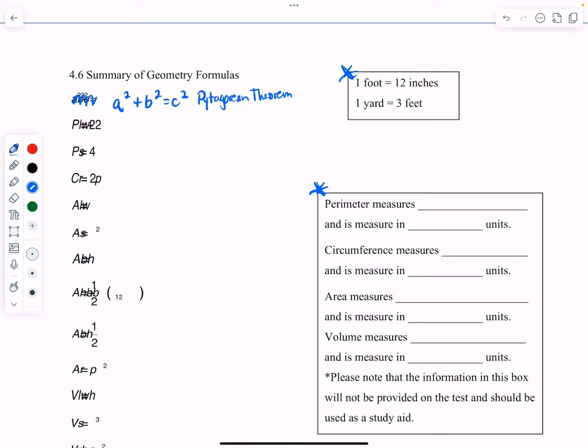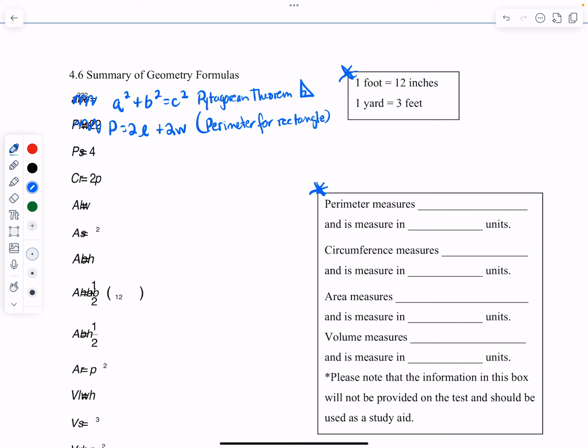And remember, that's for right triangles only. Okay? The next one says P equals 2 times L plus 2 times width. That is the perimeter formula for a rectangle.